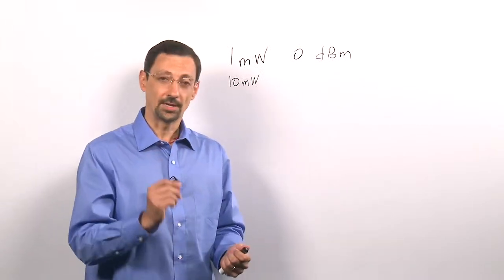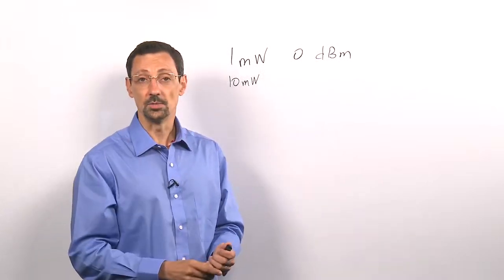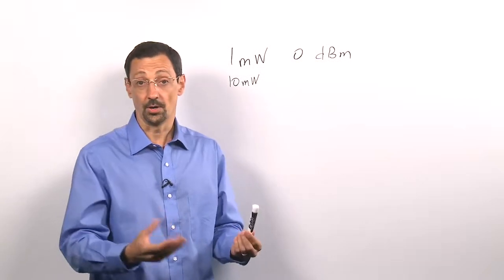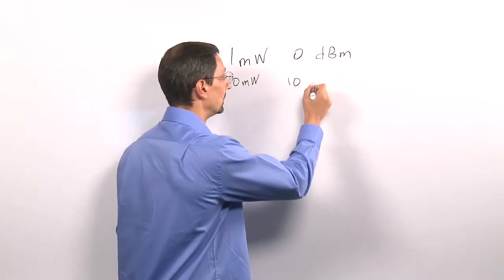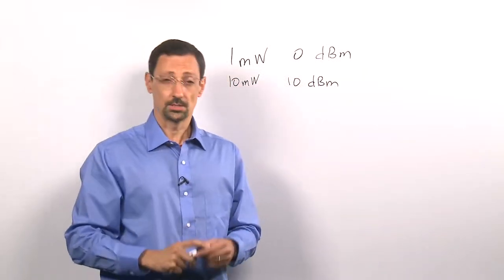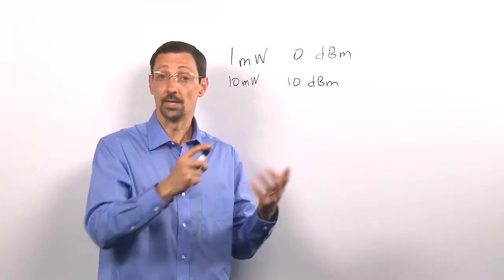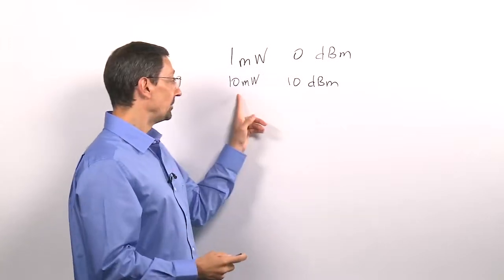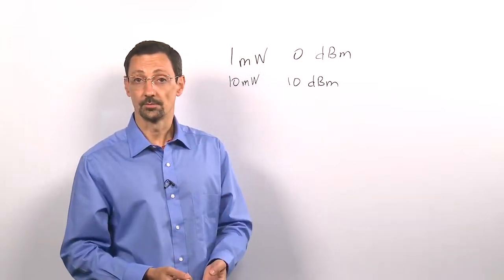So if you multiply it by 10, remember every time you multiply by 10, you add 10 dB. So here I multiplied by 10 once, and therefore I add 10 dB once. So this is going to be 10 dBm. And I keep saying 10 dB, but I keep it as obvious that it's 10 dBm because my reference is still 1 milliwatt. So 10 milliwatt or 10 dBm, you're saying exactly the same thing.